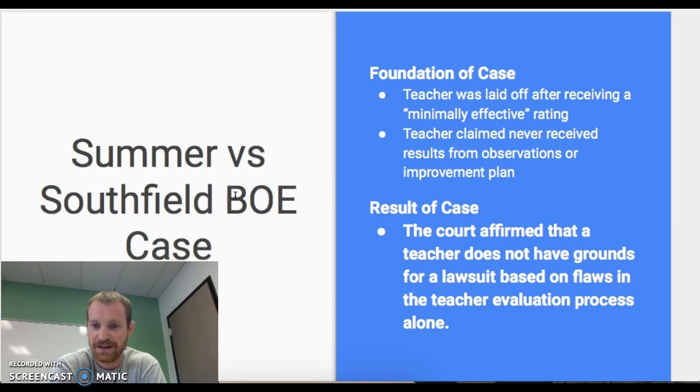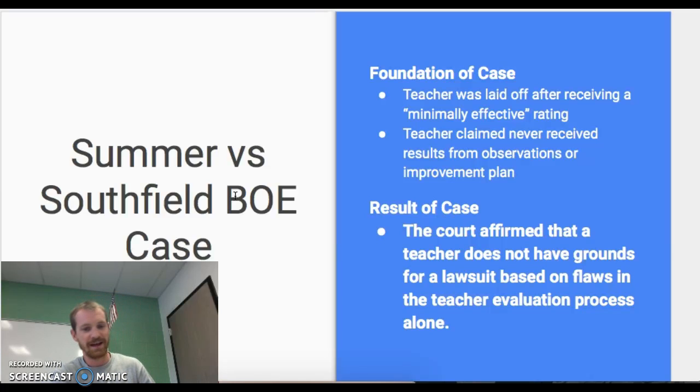The court did affirm that a teacher does not have grounds for a lawsuit based on flaws in the teacher evaluation process alone. So there wasn't really any result that came out of this case other than that the district is not going to be taken to court over their evaluation process alone.